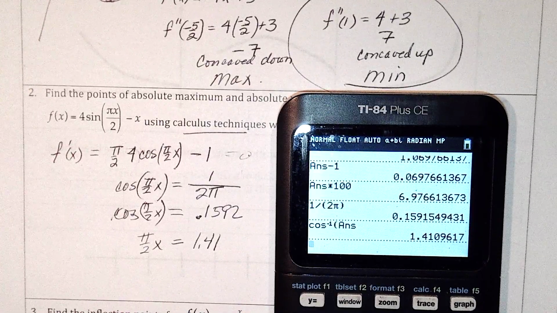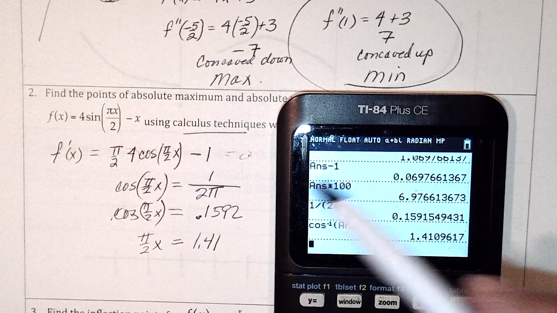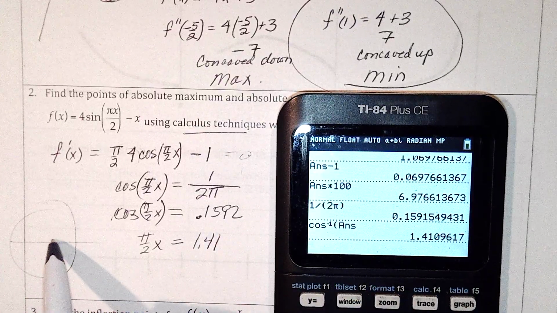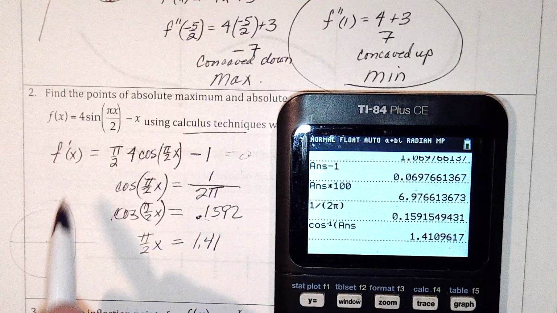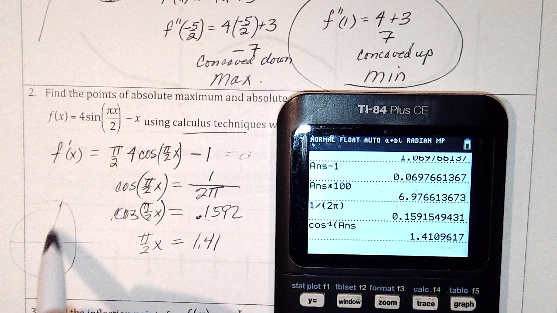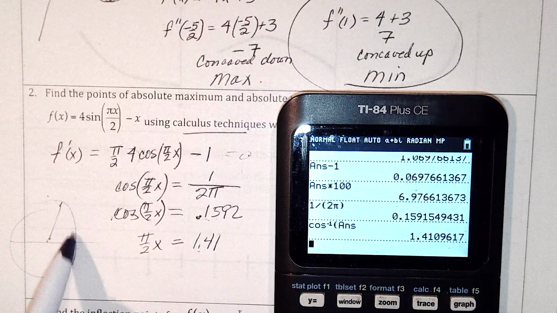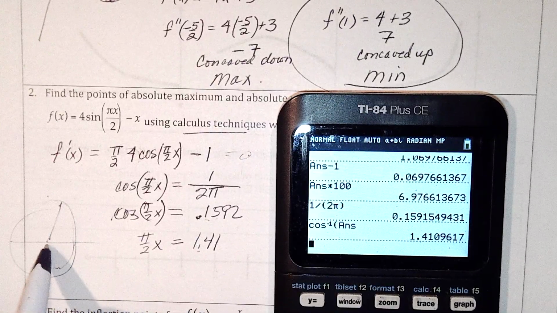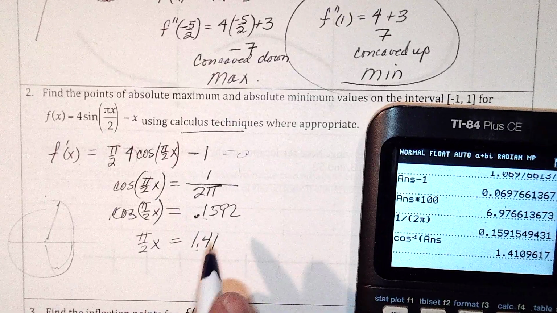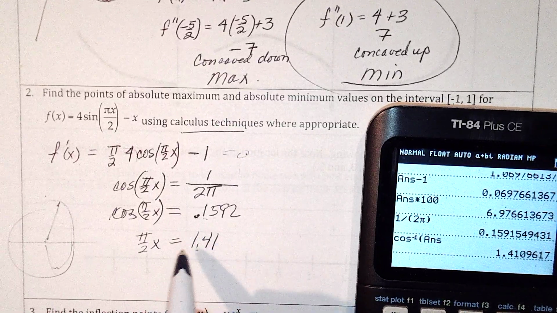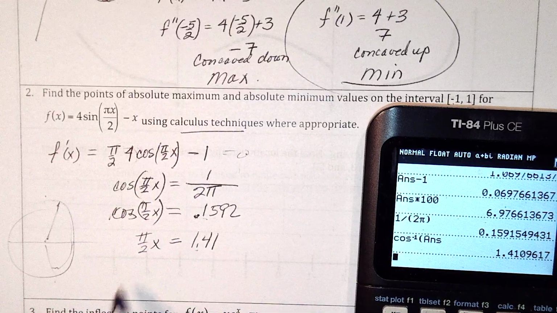plus, let's see, the cosine equaling some number. The cosine of 0.15 would be somewhere up here, which is almost pi over 2, 1.4 radians, and also down here. So there's a couple of places that happens.